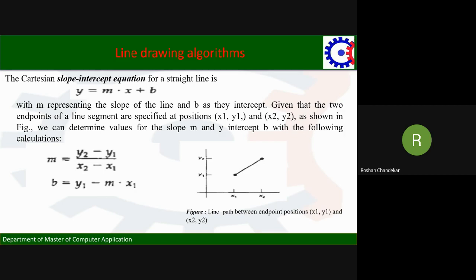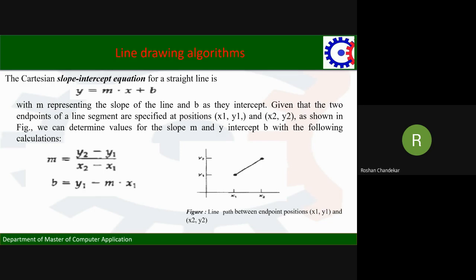That is called a line. The line segment is a part of the line, with a starting point (x1, y1) and an ending point (x2, y2) where the line ends.